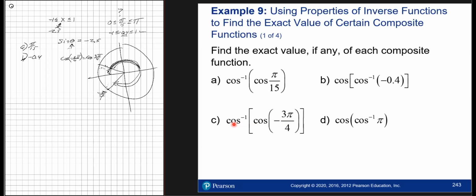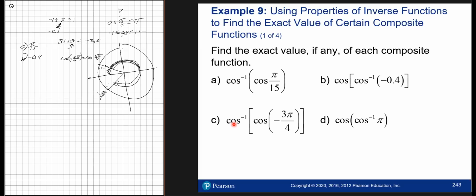And letter D, well, they put pi here. This is a trick question. This is trying to trick you into thinking that this is appropriate to use here for inverse cosine because it's pi and we're dealing with pi and it's in the interval 0 to pi, but we're dealing with cosine.